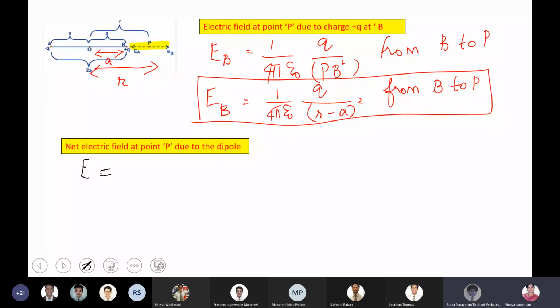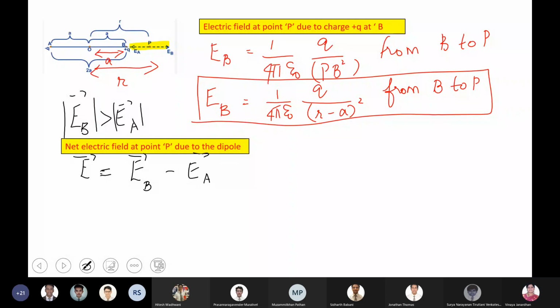Positive Q. So EB is greater than EA, boys. Then it will be vector addition, boys. EB minus EA vector. And put the vector sign.